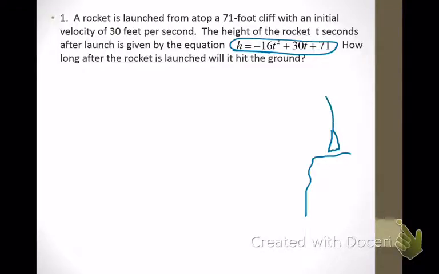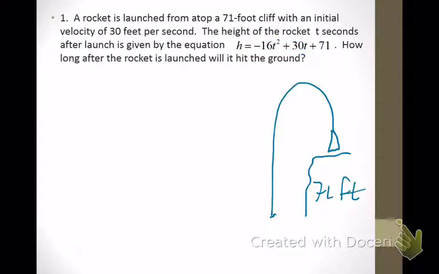It's going to go up and come back down and hit the ground after so many seconds. We want to know when it hits the ground down here. The model for this situation is given by this function: H equals negative 16t squared plus 30t plus 71. The question is, how long after the rocket is launched will it hit the ground?